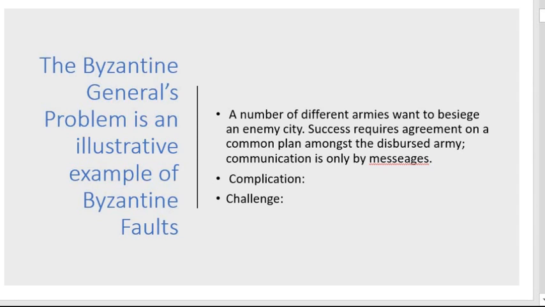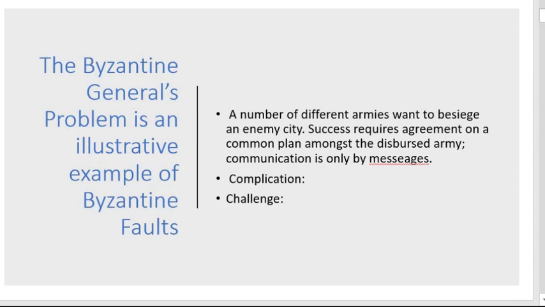In order to succeed, they must face two problems. One is the complication and the other one is the challenge. What is meant by complication? There will be traitors who send out conflicting messages to create confusion among the army people, like those who don't want to win the battle against their enemy troops or their own army people.